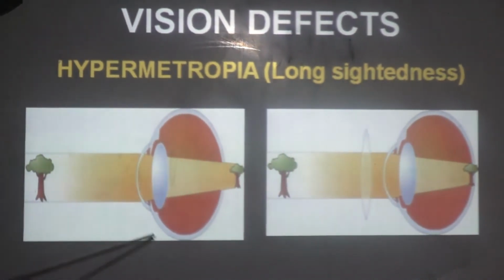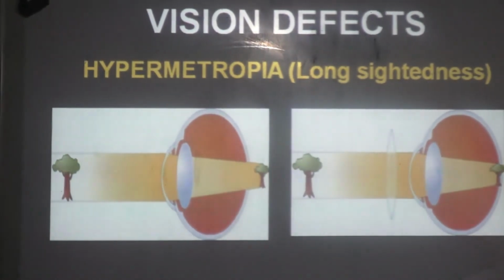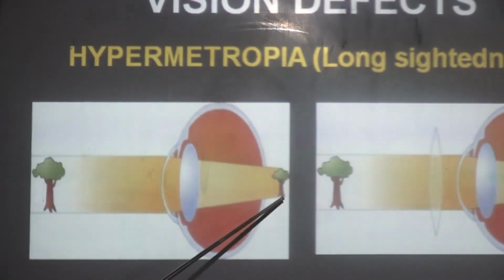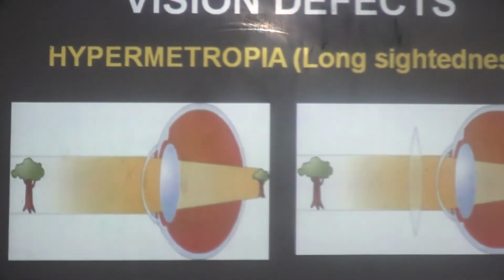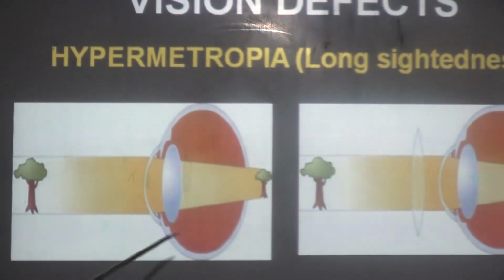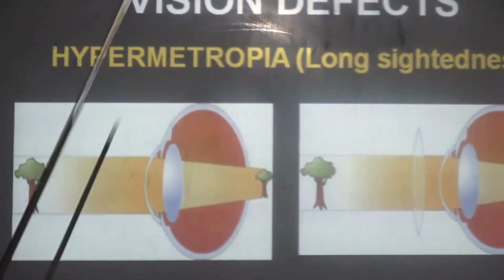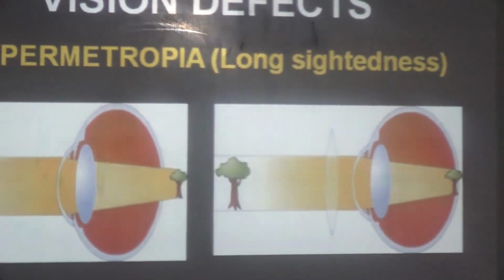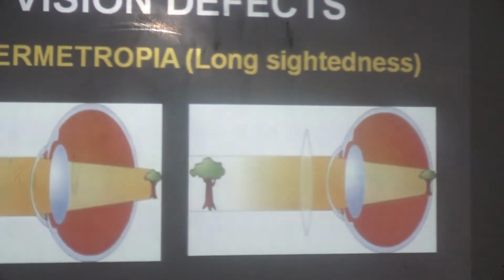This is the hypermetropic eye. For this person, the image of the object is formed beyond the retina. Understand? The image is formed beyond the retina. So this person cannot see the nearer objects, and can see only the far objects.